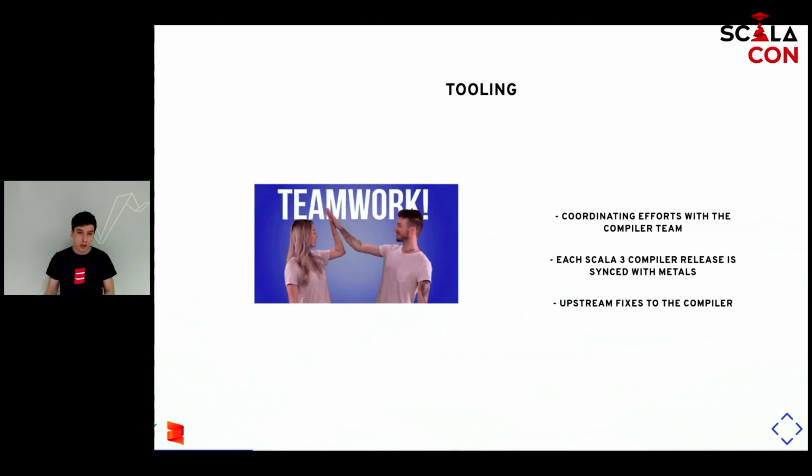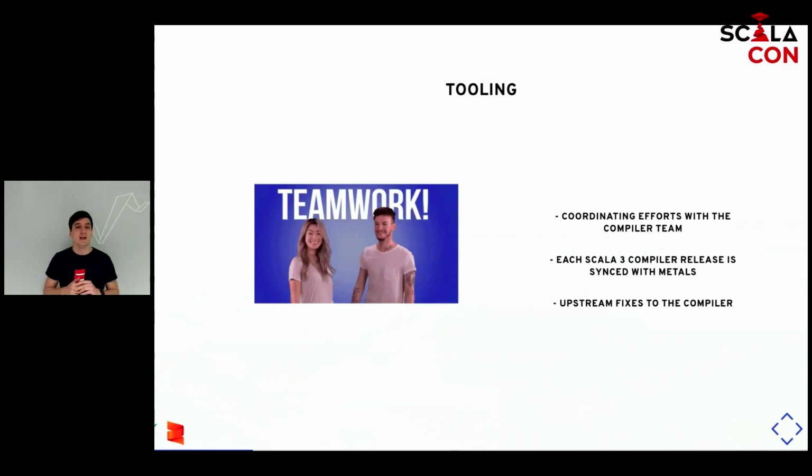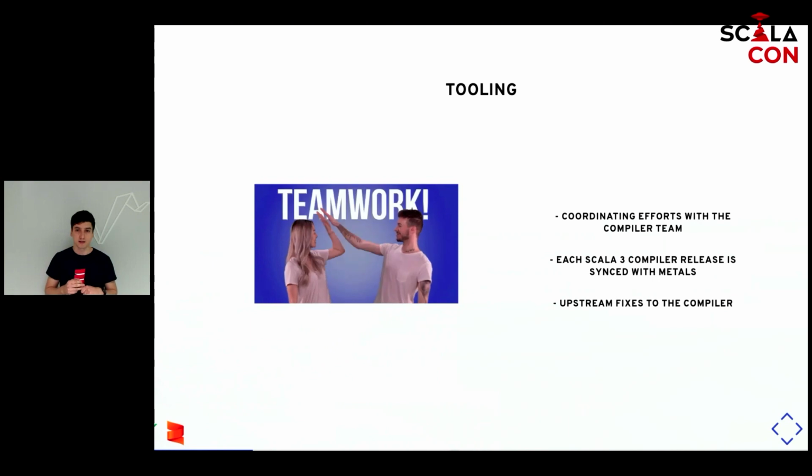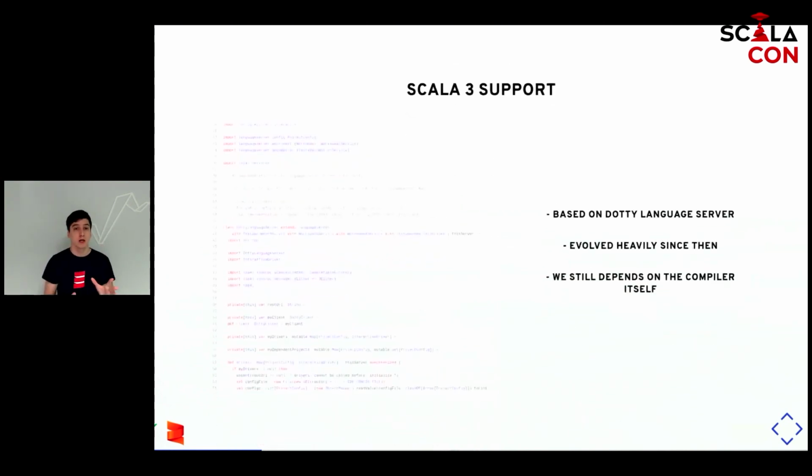We'll be trying to improve that further on, and I see a bright future ahead of us because we have a lot of great ideas how to make it all work much more seamlessly for the users. Let's talk about actually Scala 3 support.